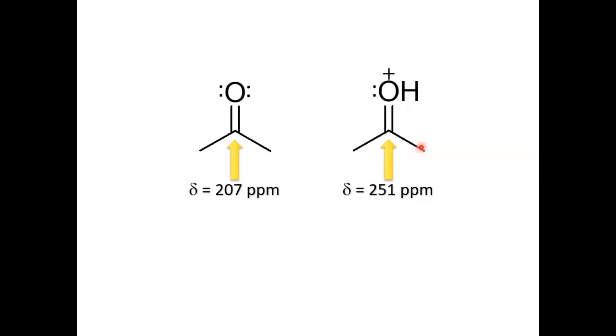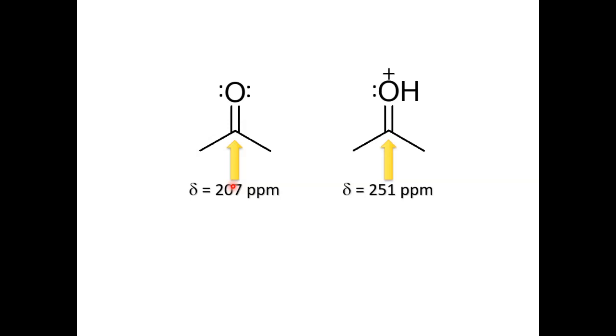spectroscopic evidence that protonation of the carbonyl group does make the carbonyl carbon more electrophilic. We know that the carbon-13 chemical shift reflects electron density on the carbon. In neutral acetone, the carbonyl carbon has a chemical shift of 207 ppm, a very large value, which is why we can confidently say the carbonyl carbon has very low electron density, so it's electrophilic.